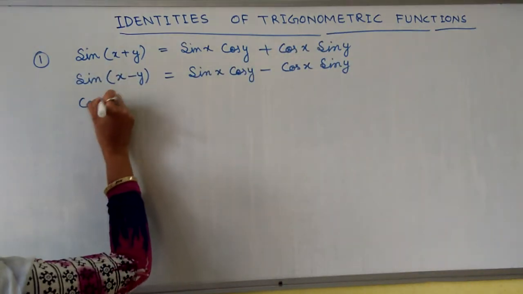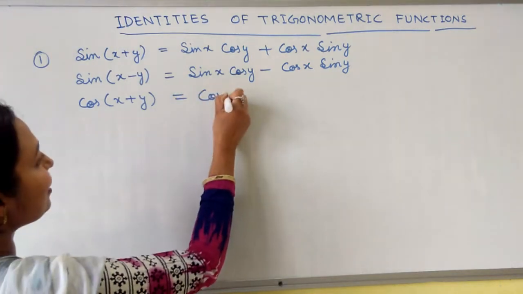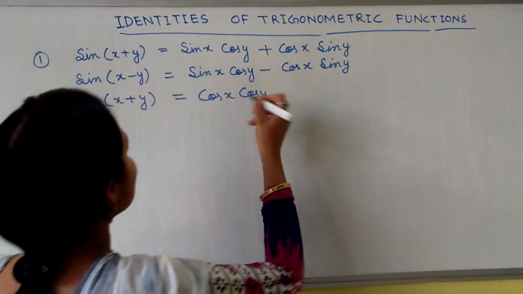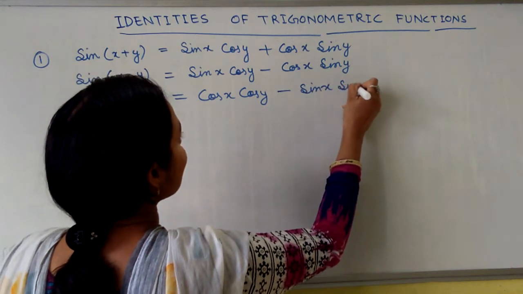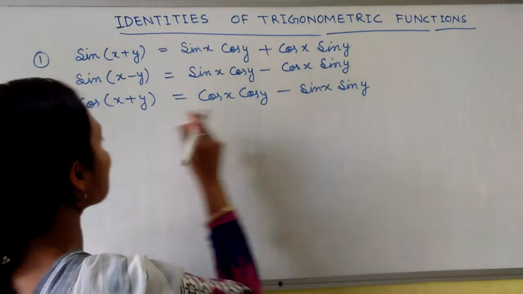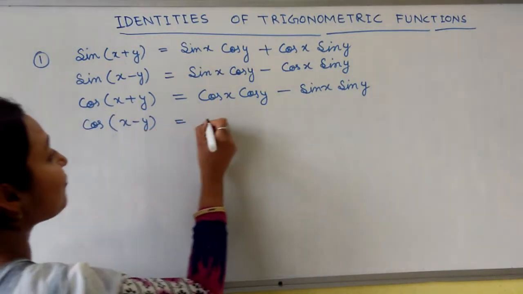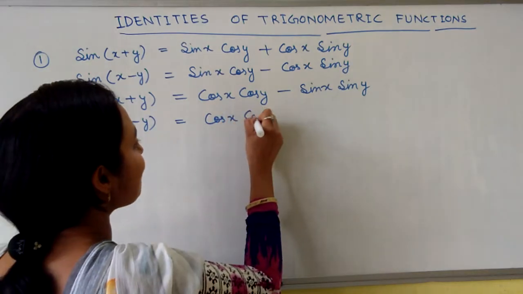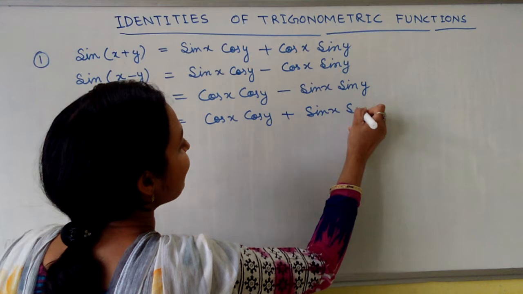Similarly, we have cos(x plus y), that is cos x cos y minus sin x sin y. Here, with the positive sign there is a negative sign in between these two terms, and with the negative sign we have a positive sign: cos(x minus y) equals cos x cos y plus sin x sin y.